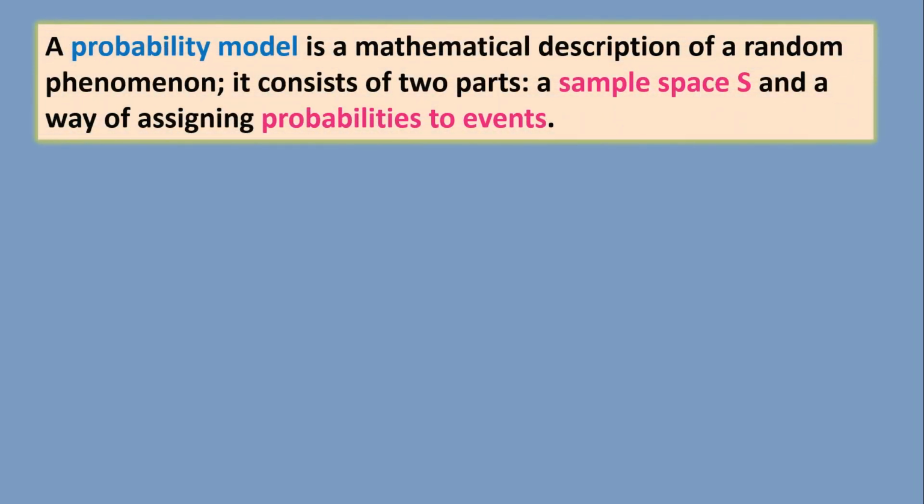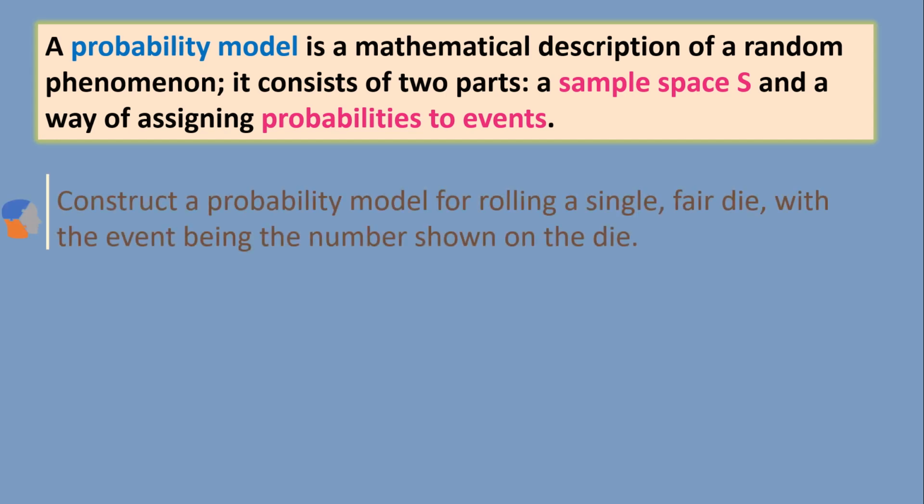Now let me explain the probability model. The probability model consists of two parts: the sample space and the probabilities of each event. Let me explain this using an example. Construct a probability model for rolling a single die, with the event being the number shown on the die.